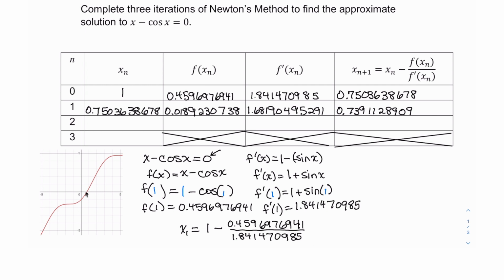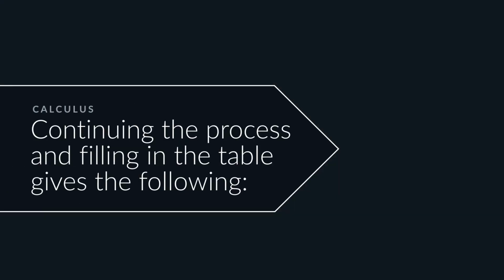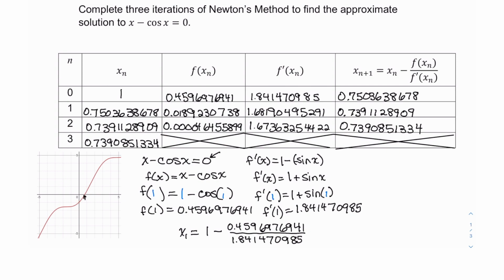So now I'm going to just go ahead and fill out this table, and then you'll see what we have in our box under the x sub n across from the 3 will be our value for our third iteration. So here I've filled out the rest of the table, and our final approximation after 3 iterations is reporting that entire decimal expression there.